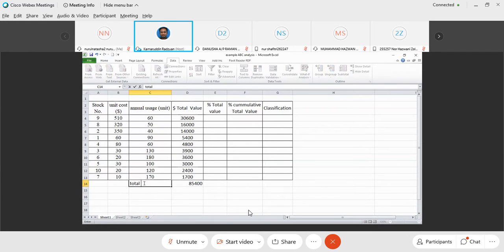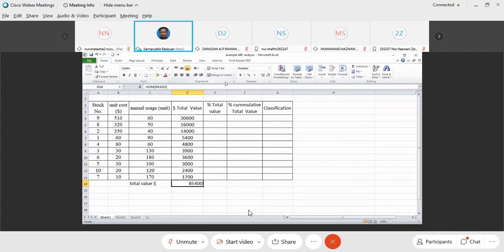The total value for the whole inventory is 85,400.